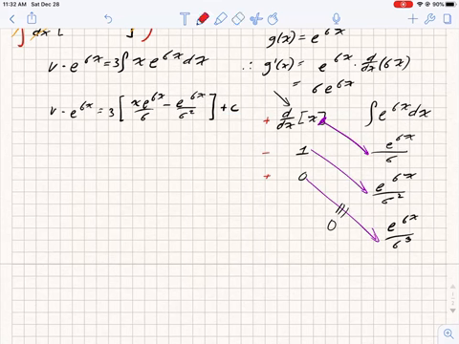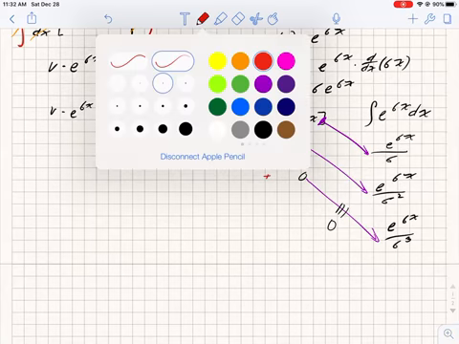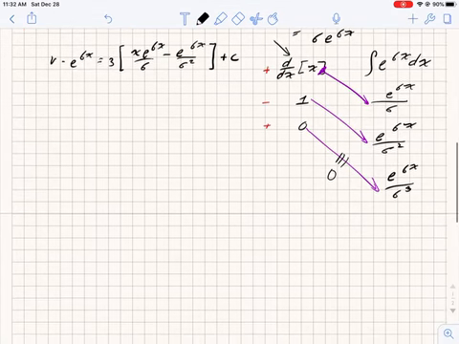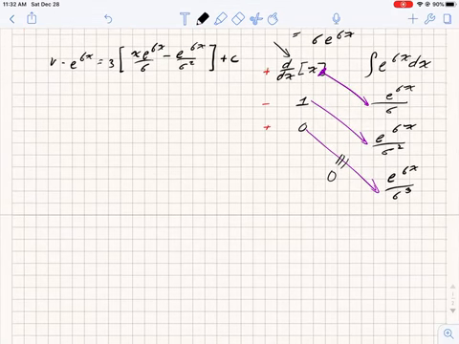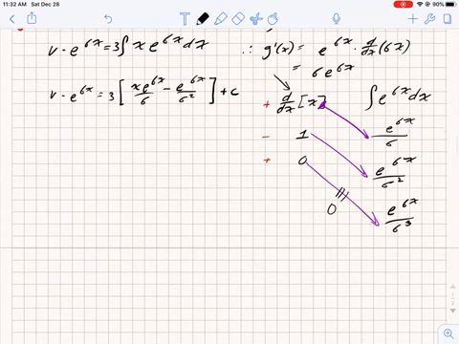So, like the previous video, we're gonna QC check this because I don't like using the tabular method because of simple sign mistakes.